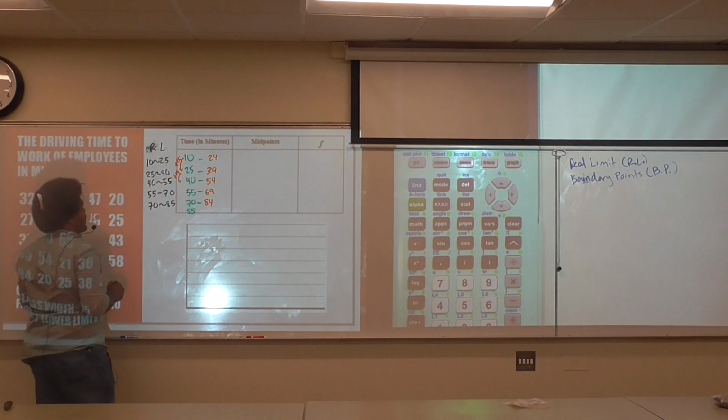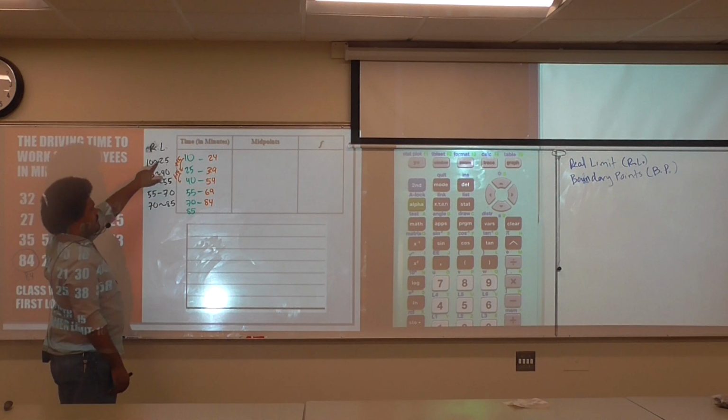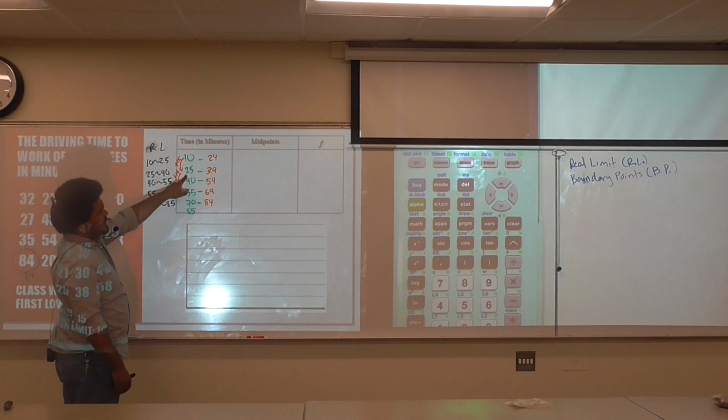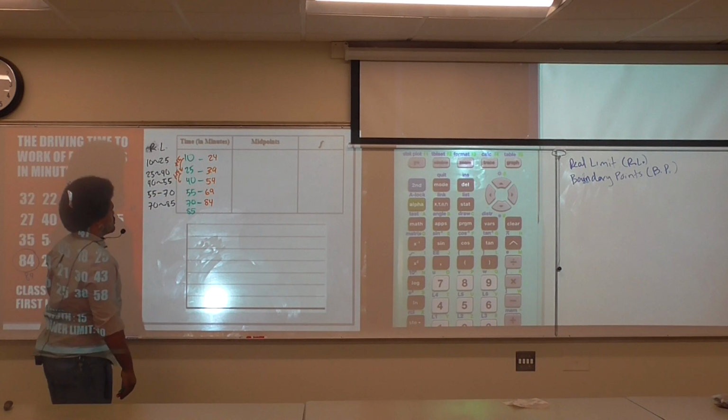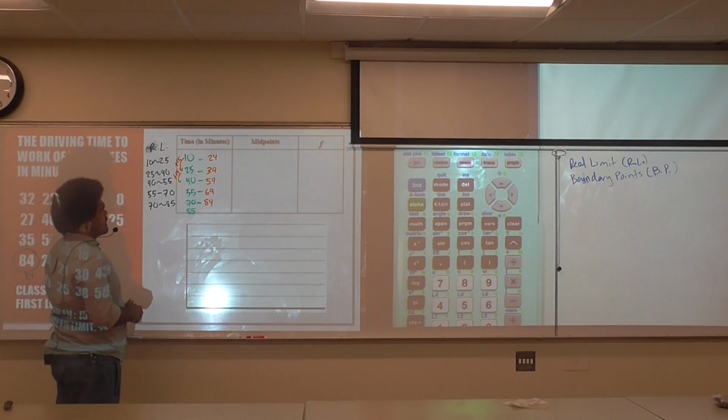So these are still real limits because all we're saying here is we're going for anything from 10 to 25, but not anything equal to 25. So that's the lower limit of the next class. That's where the next class should be starting, no matter what, or interval. So that's what we're getting at here.